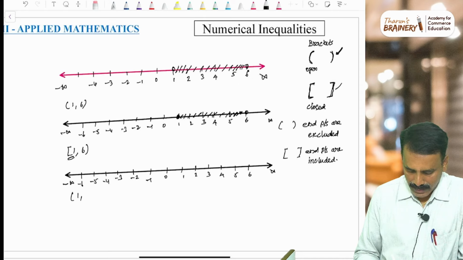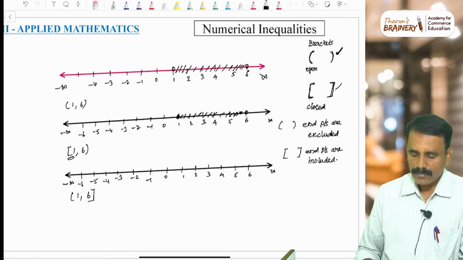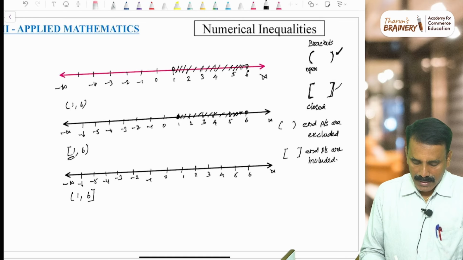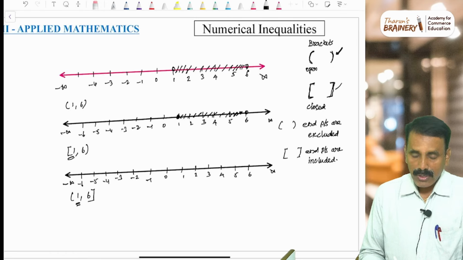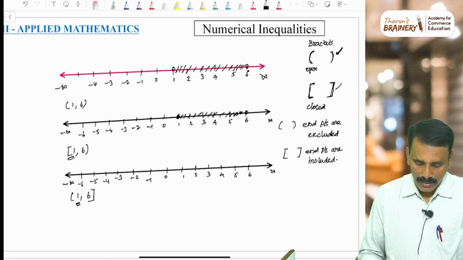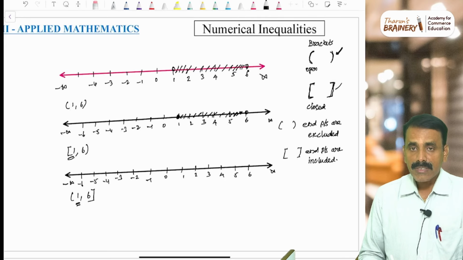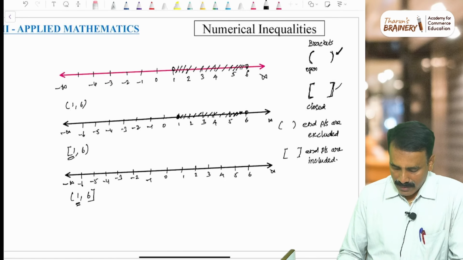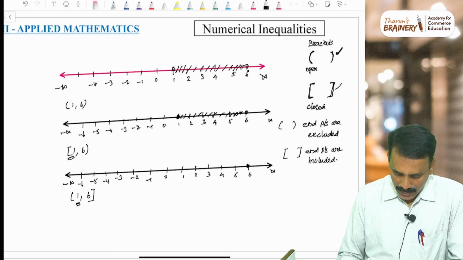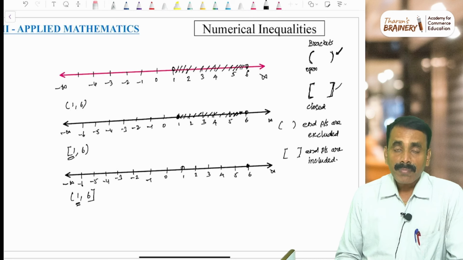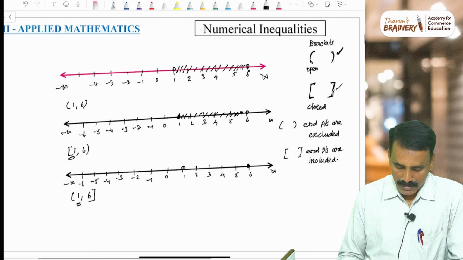Left open, right closed, which means the left endpoint is not going to be included, it is going to be excluded. So we are not going to include 1 and 6 is closed, so we are going to include 6. So now what will happen? We will shade 6 with a circle and for 1 we draw a small circle, we won't shade it, which means the point is not included.